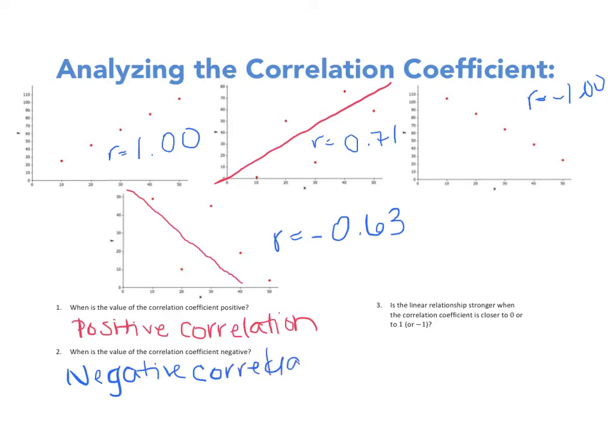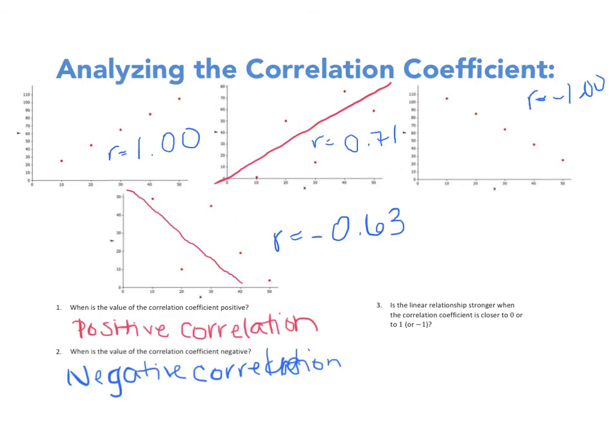Sorry, I can't spell correlation right here. And is the linear relationship stronger when the correlation coefficient is closer to 0 or closer to 1 or -1? Well, we see from our 2 graphs right here that it's definitely stronger when it's closer to +1 or -1, and like I just said earlier, the closer it is to 0, like these 2 scatter plots here, the weaker it is.